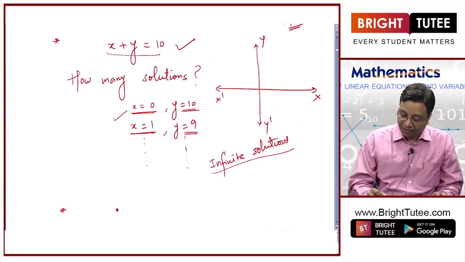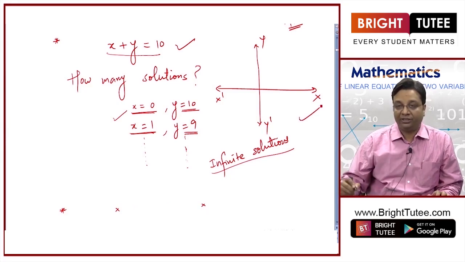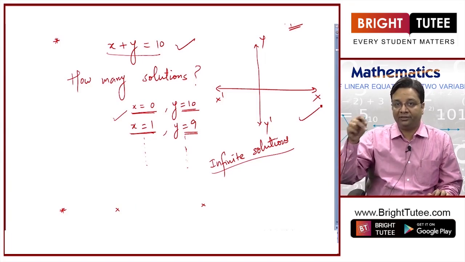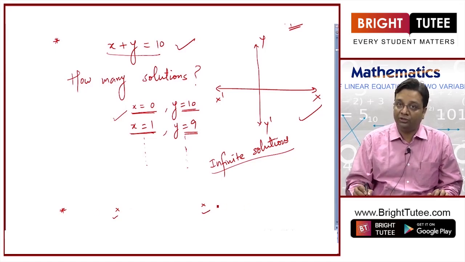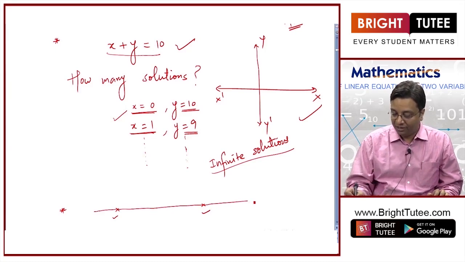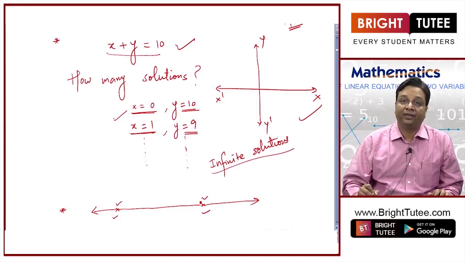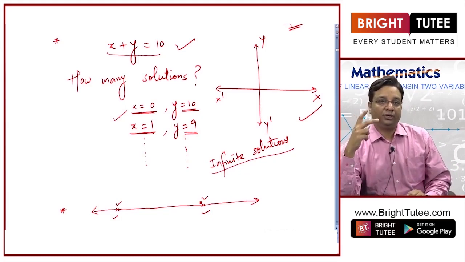Let us say you have got 2 points in 2-dimensional space. This is the 2-dimensional space where we have got x dimension and y dimension. If you have got 2 points in a 2-dimensional space, how many lines can pass through these 2 points? There is one and only one line that can pass through these 2 points. So, for a unique line you need only 2 points.